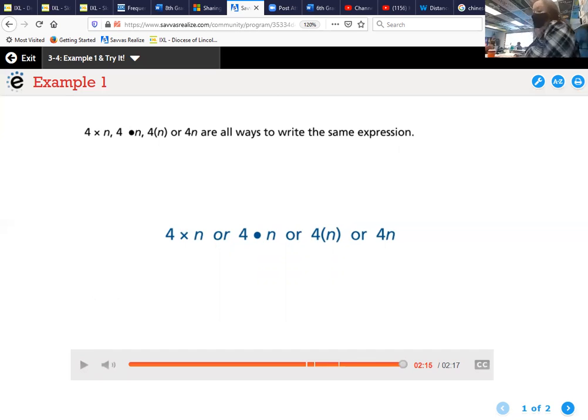So they start using this dot, the parentheses, or just butting them up next to each other more. So you're not going to see the times sign very much. You'll start seeing it more like an X, like they'll use it as a variable. Just so you know, they're not going to use the times sign very much anymore.